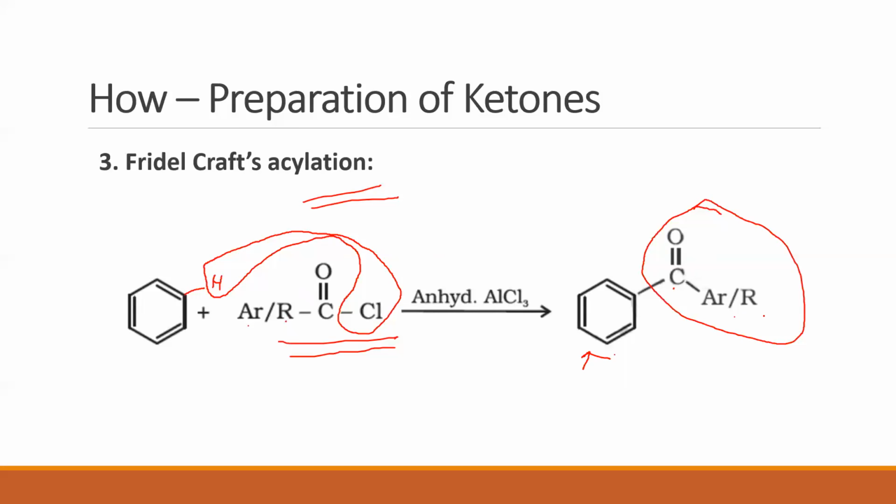Now, who's methyl? So this has to be methyl. If this is methyl, it is nothing but CH3. So benzene C double bond O CH3 is nothing but methyl phenyl ketone. Now, if I need to get this compound, of course, I need to start with benzene because this is the common reagent that is used.